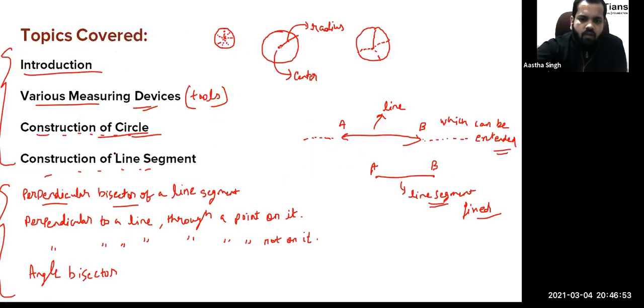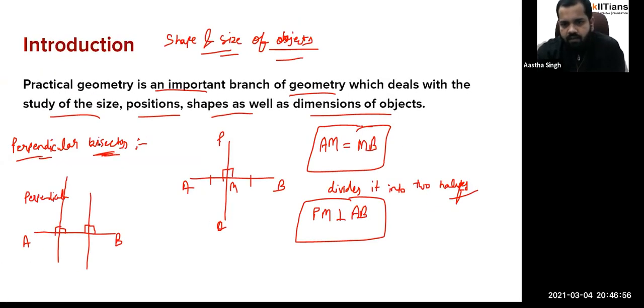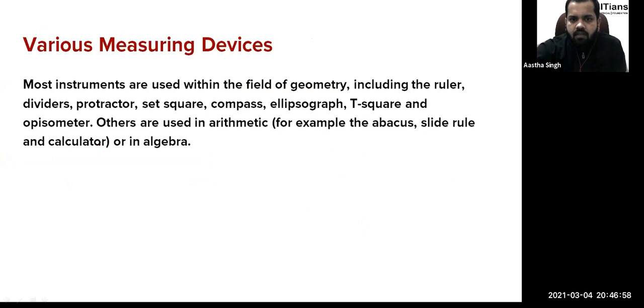First, we are studying what it means. Then angle bisector. Let us study your various measuring devices. In the field of geometry, there are various measuring devices, right? Basically, your measuring tools like your ruler, your dividers, your compass, your set square, all are your measuring devices, or you can say your tools for geometry.